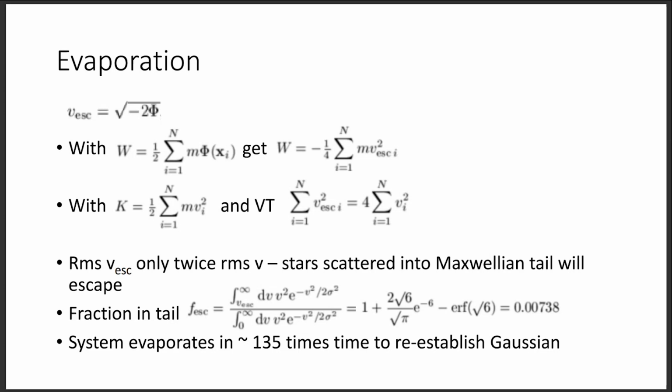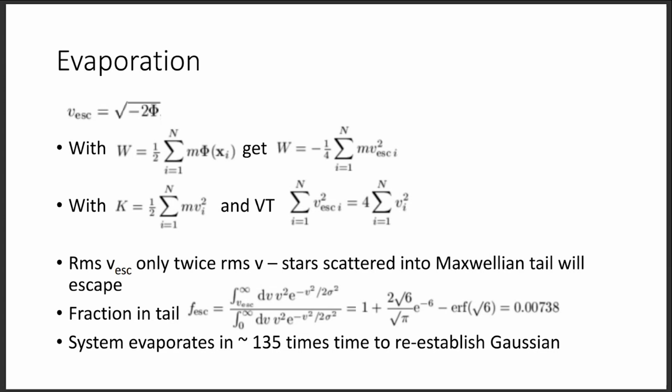So the gravitational energy of the system, which we already agreed was a half of m phi i, when I replace phi i with the appropriate escape velocity, I come to the conclusion that the gravitational energy of a system is always minus a quarter of mass times the sum of the squares of the escape velocities of the individual stars, because the escape velocities are simply a measure of the potential at the location of that star.